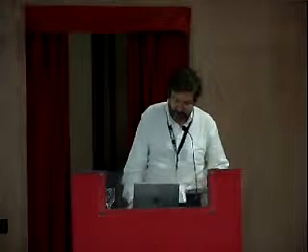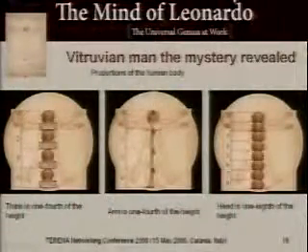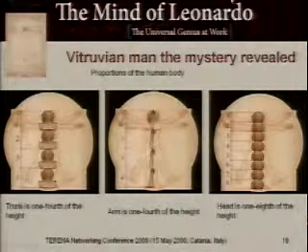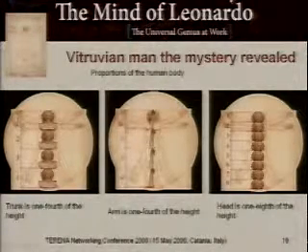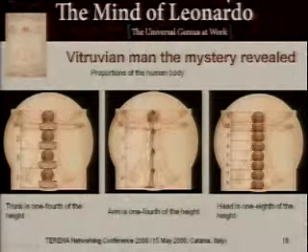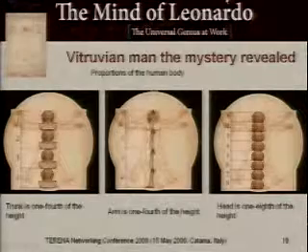There are many other proportions. All the human body is studied as proportions. The trunk is 1/4 of the height. The arm is 1/4 of the height too. The head is 1/8 of the height, and so on.